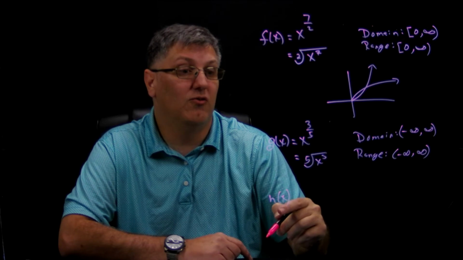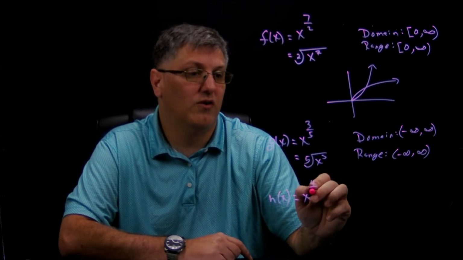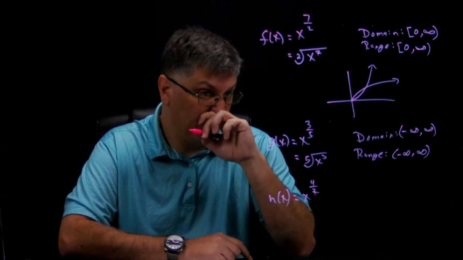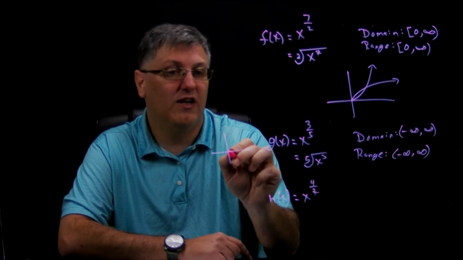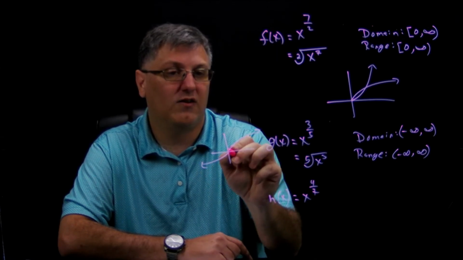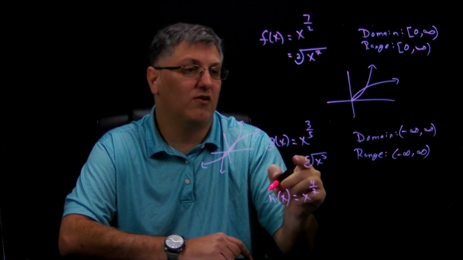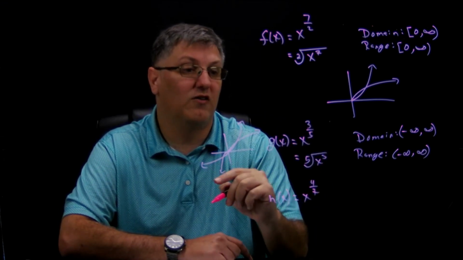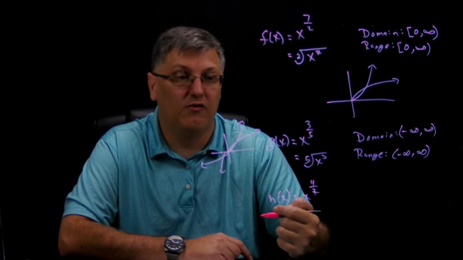So let's do an even, x to 4 over 7. Oh, I should probably show you what this graph looks like. The graph kind of looks, it could look like this. It could look like this. That's what these graphs look like, something along these lines. All right, x to the 4/7 power.